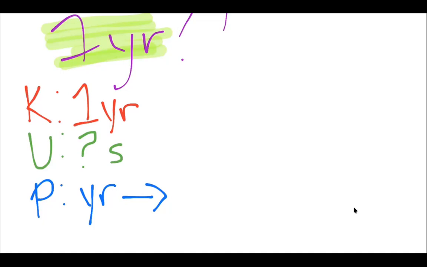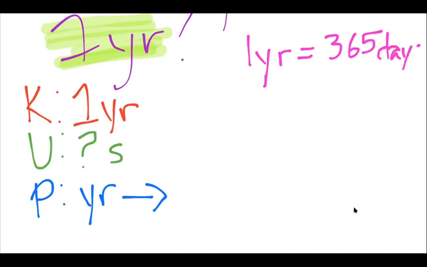What we do have, and I'm going to write them out here because these are the ones that you have on Canvas, is 1 year equals 365 days. Technically, it should be 365.25 because a year has an extra quarter of a day.